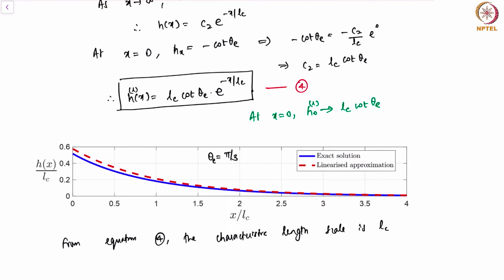Now, we want to finally understand, is there a simple explanation for why the fluid rises at all in the first place? So to do this, let's again make a simple sketch of the meniscus. So here's my plate, and this is my horizontal.